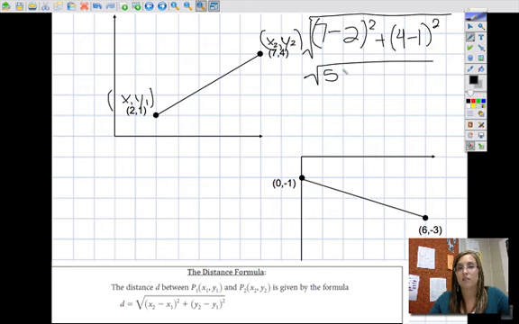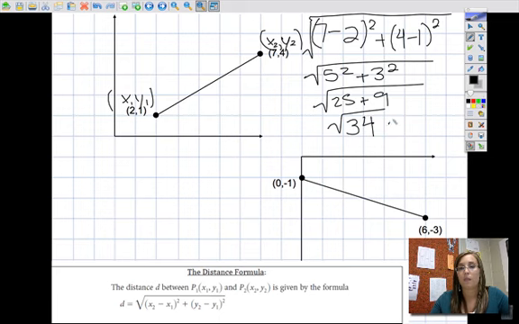That's 5 squared plus 3 squared. So that means 25 plus 9. That means the square root of 34, which equals approximately 6, we'll say. So the length of this is approximately 6, or if you wanted to write an exact answer, you'd write the square root of 34. Okay?